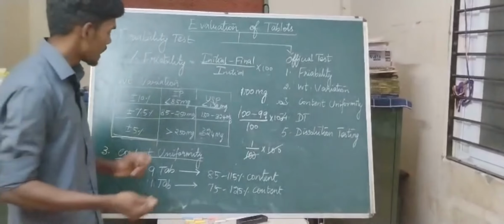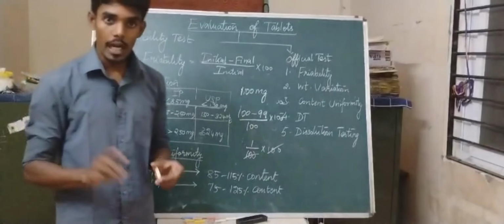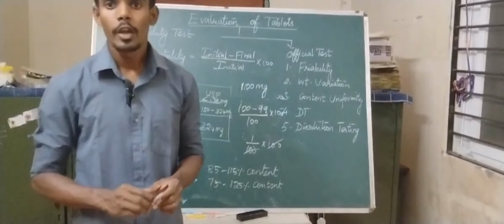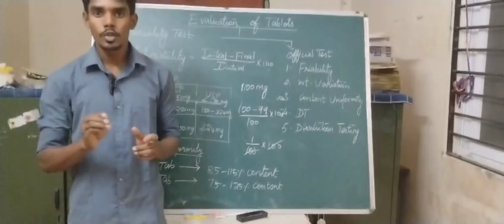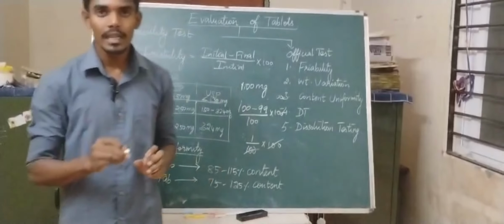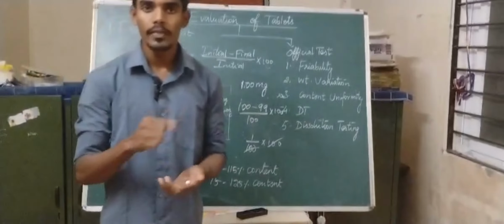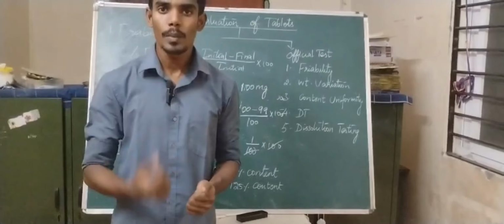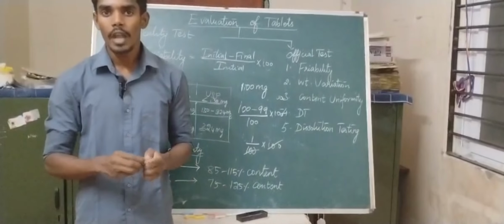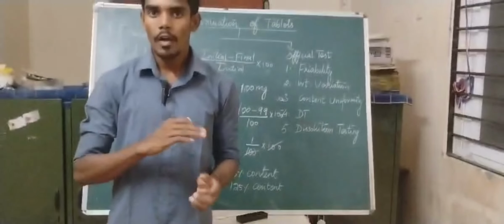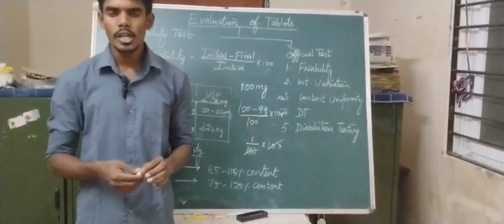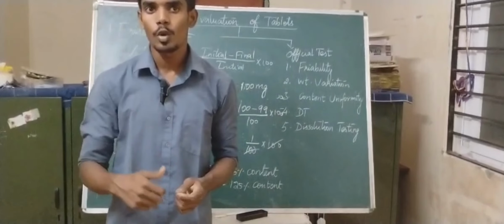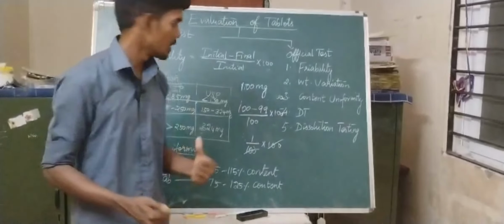So moving on to the next topic, content uniformity. To determine the content uniformity, we usually take 10 tablets. We crush them with a mortar and pestle and dissolve them in a suitable solvent. After that, we filter the solution, and then we do spectroscopy analysis for the content uniformity.